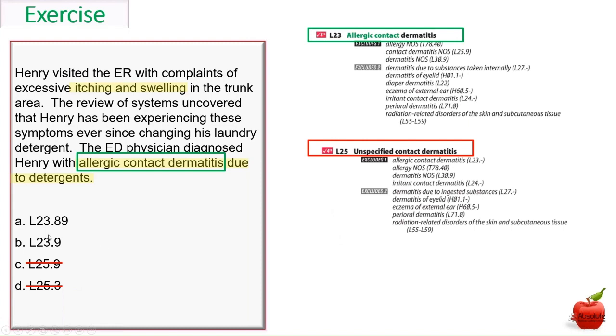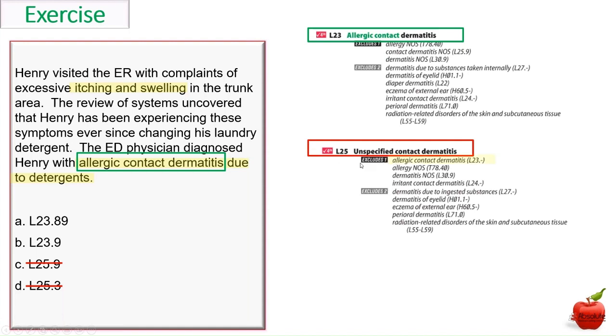When you look at these coding categories, L23 versus L25, allergic contact dermatitis, start matching up. Oftentimes it is a matter of matching up these keywords. Unspecified? No, not in this case. We know it's allergic. So we're going to eliminate those and continue on.